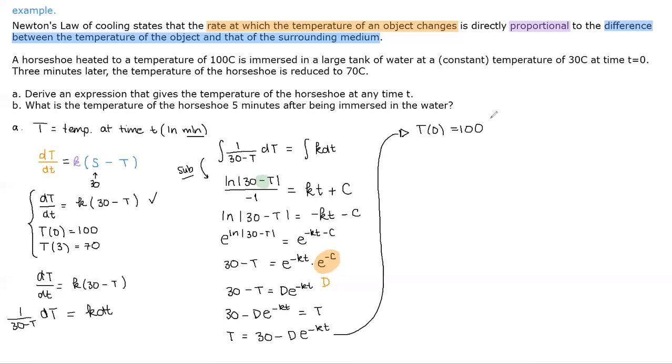So I'm going to make this equation true by first plugging in 0 into my expression for the temperature and then setting that equal to 100.